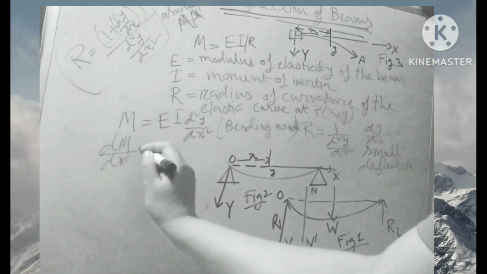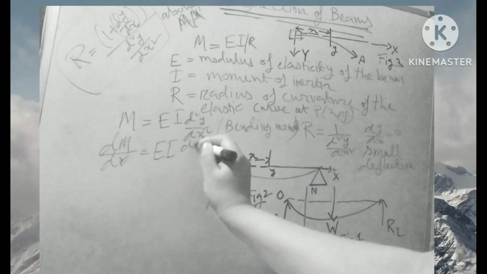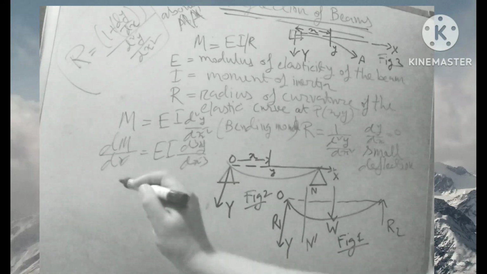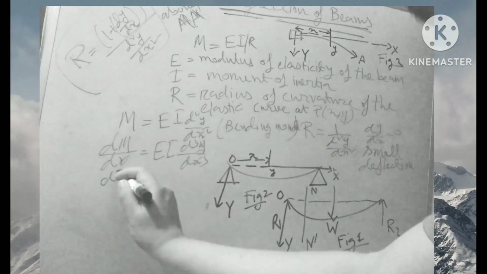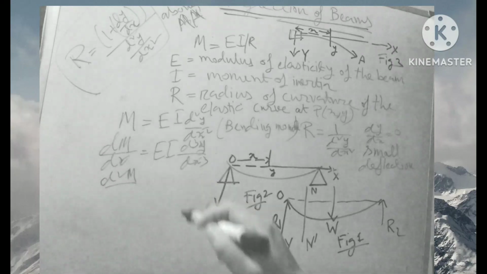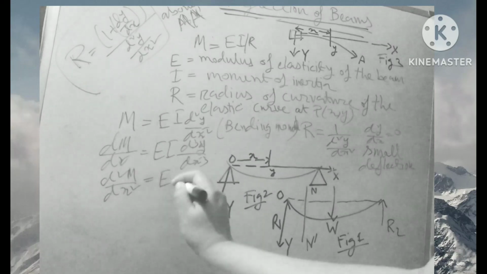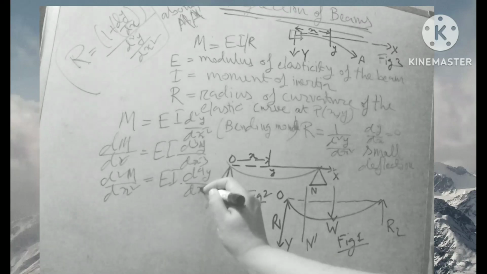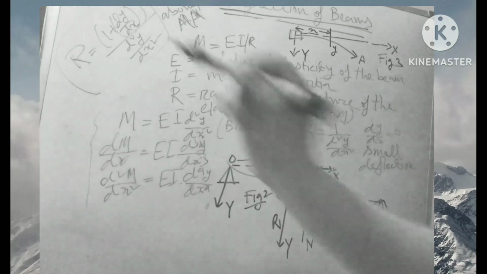Shear force is equal to EI d cube y divided by dx cube, and intensity of loading, d square M divided by dx square, is equal to EI d to the power 4 y divided by dx to the power 4. So I hope I can clear these three facts.